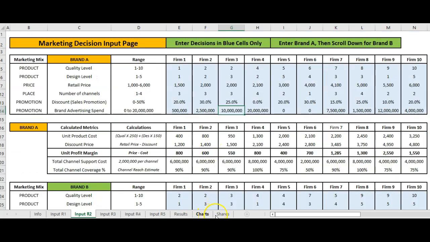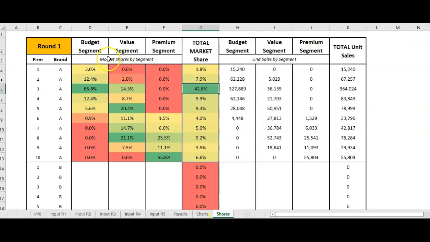So in terms of targeting, you can choose to target one particular segment with both brands, or if, of course, you've got two brands, you can choose to target two segments out of the three. And keep in mind, depending on how you structure it, you may be able to pick up some sales in multiple segments. Obviously, the products targeted at that segment do particularly well.